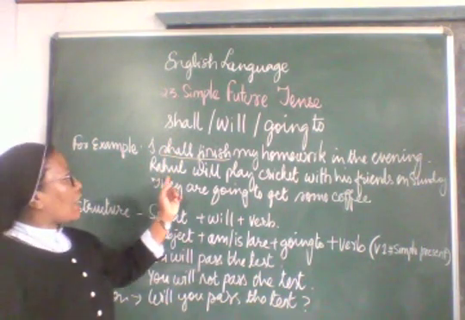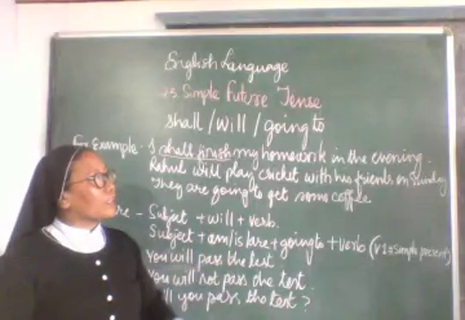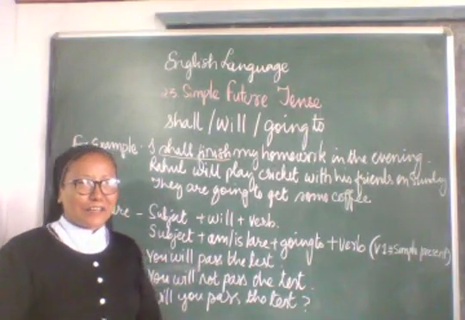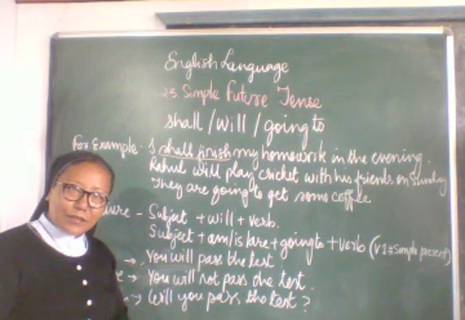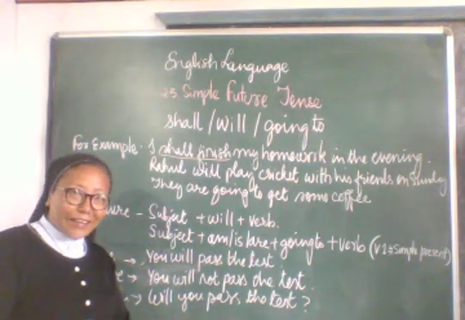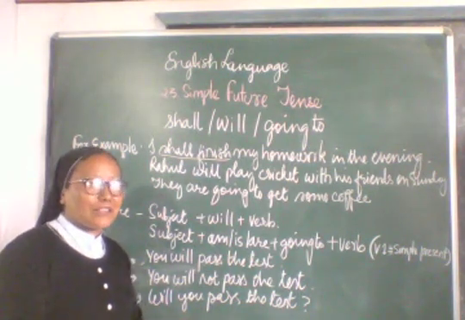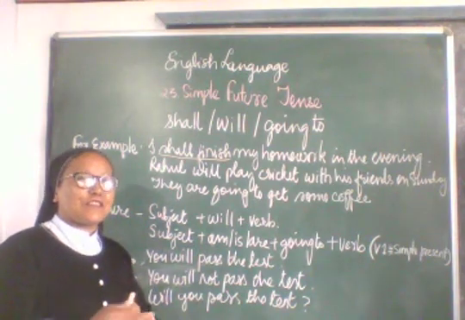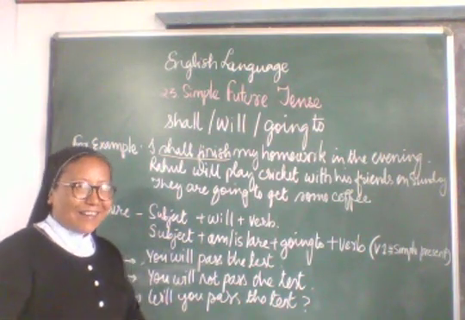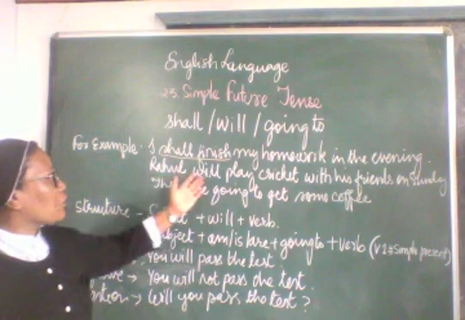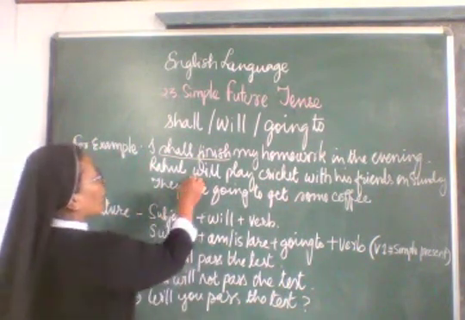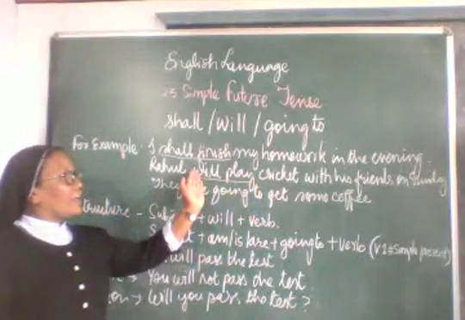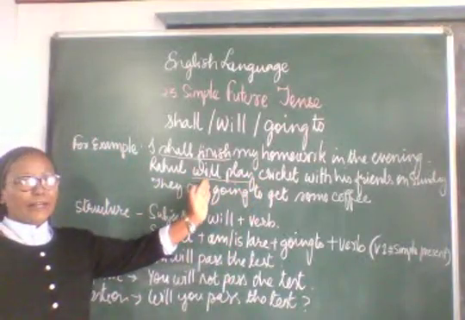Now, Rahul will play cricket with his friends on Sunday. So, Rahul is going to play cricket with his friends when? On Sunday. So, Rahul will play cricket with his friends on Sunday. See, I use the word will.